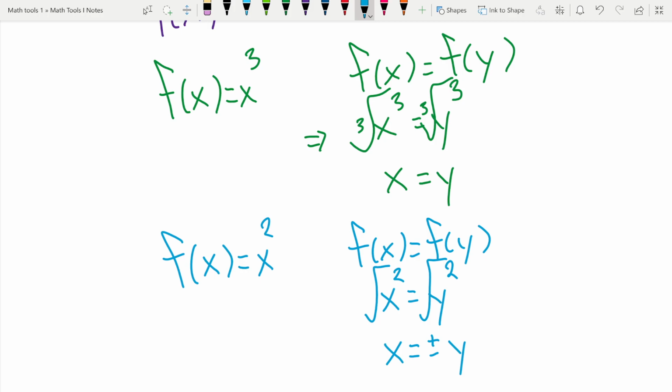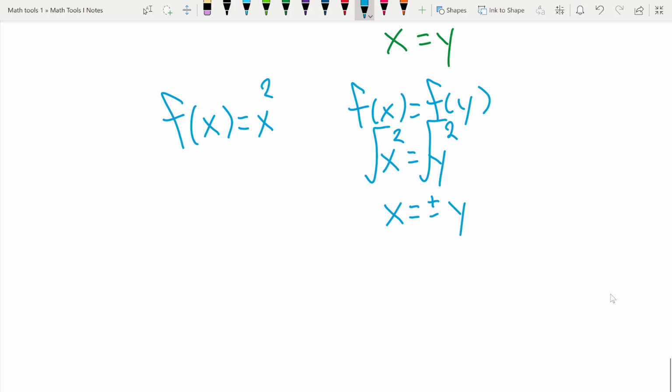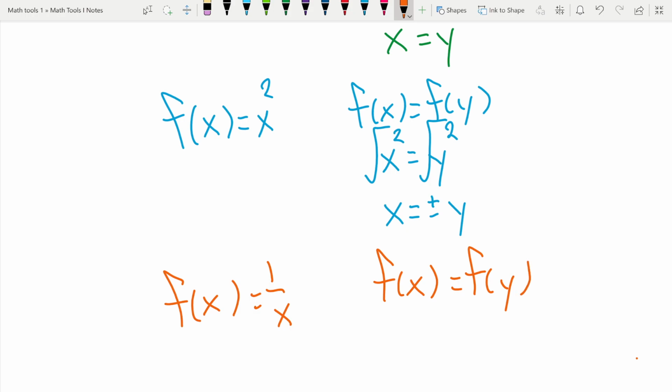Okay. Just one more, I guess. Let's look at 1 over x, because that's one we haven't looked at how to graph at all. So maybe this algebraic method might help us. We did see the graph of it, but we haven't really looked at the function in depth. Okay. So this is going to be 1 over x equals 1 over y.